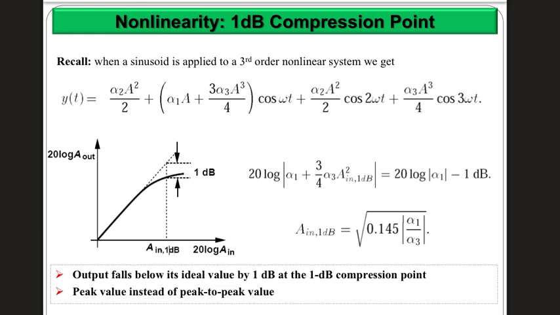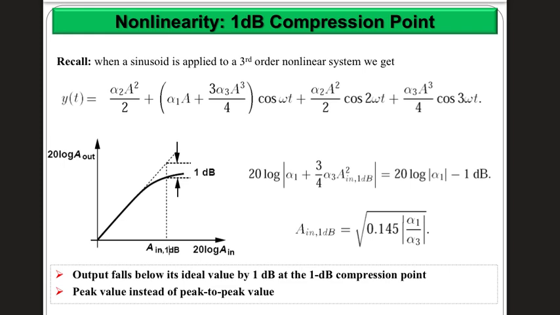Clear? Where did the A that was multiplied by alpha 1 go? There is an A that we take as a common factor.